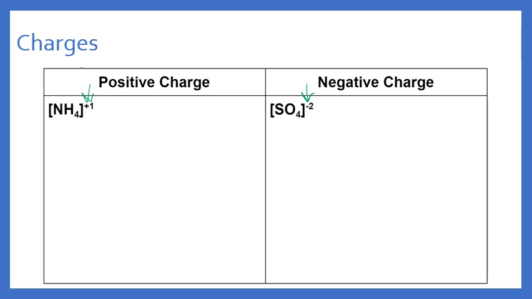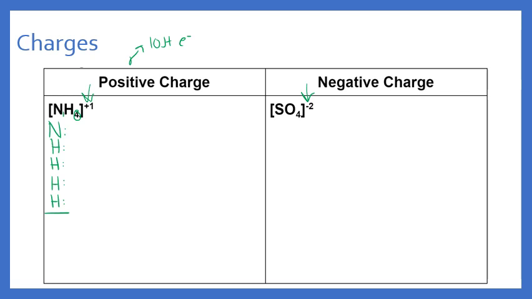So let's take NH4 +1. That means this whole compound, NH4, has an overall +1 charge. When we see a positive, it means that we have lost an electron, all right? So how do we set this up? We first line up all of our elements. So we have 1 nitrogen, because there's that little 1 there, and then 4 hydrogens. 1, 2, 3, 4.